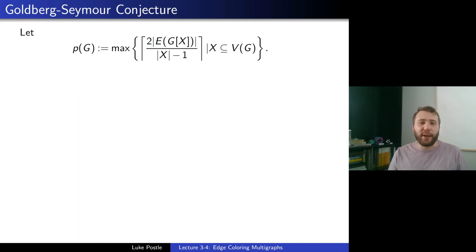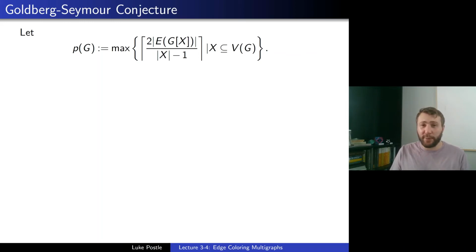Really, what this gives you is you look at a set X, and let's say the set X is odd, then how many edges can be in a matching when X is odd? It's X minus 1 over 2. So each color class in X can use at most X minus 1 over 2 edges. So how many colors would we need to color that subgraph?